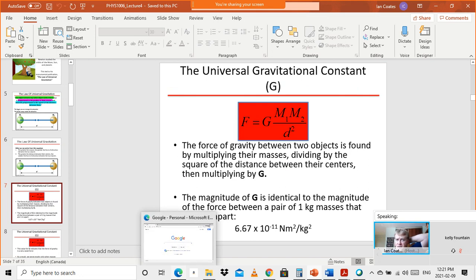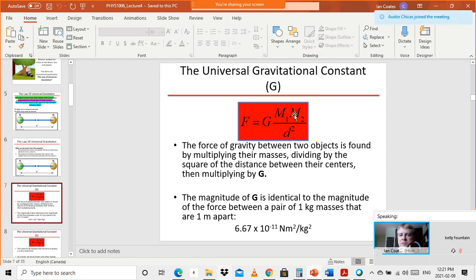The universal gravitational constant. You've got force is equal to G times mass 1 times mass 2 divided by distance squared.